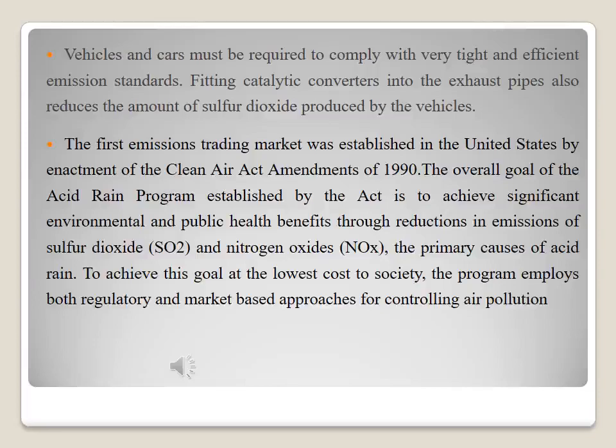The overall goal of the acid rain program established by the Act is to achieve significant environmental and public health benefits through reduction in the emission of sulfur dioxide and nitrogen oxides, the primary causes of acid rain. To achieve this goal at the lowest cost to society, the program employs both regulatory and market-based approaches for controlling air pollution.